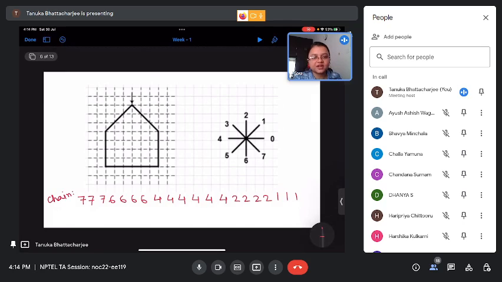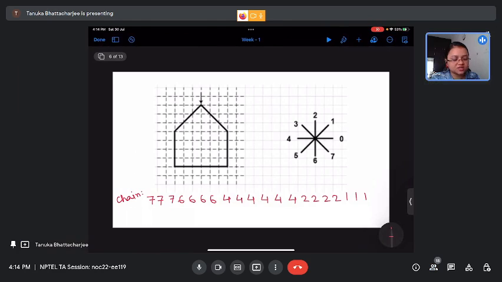Now we will have to find the differential chain code. For going from one line segment to the next line segment, how many anti-clockwise rotations are needed in this 8 connectivity figure, that is what we need to encode.